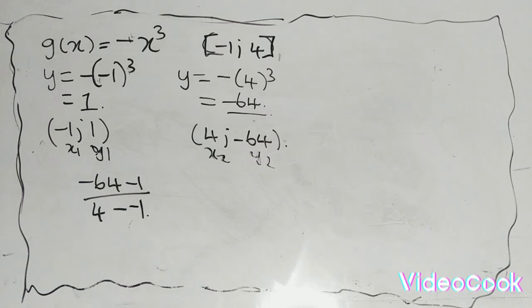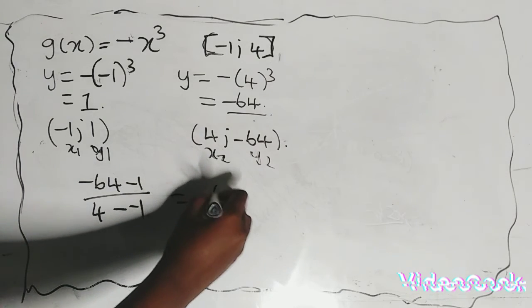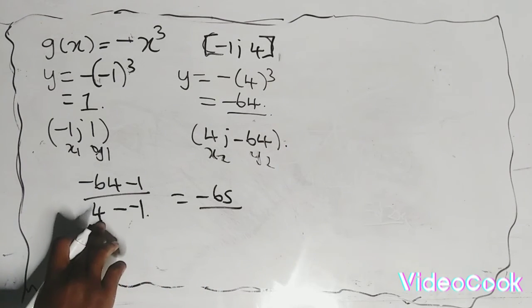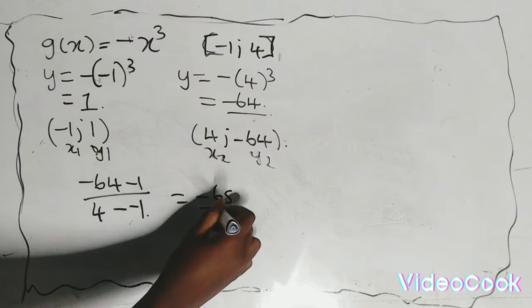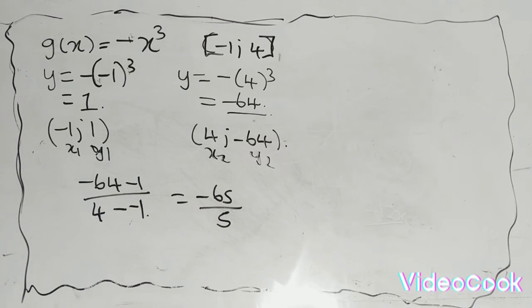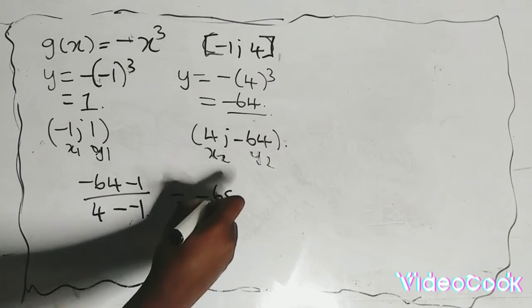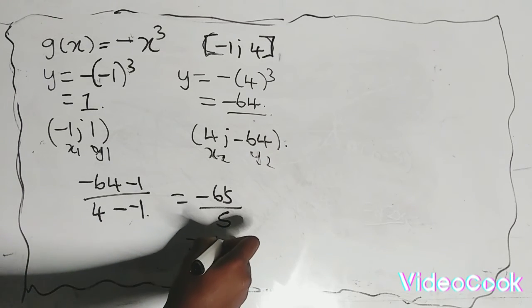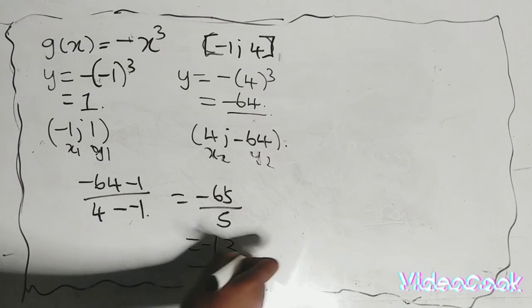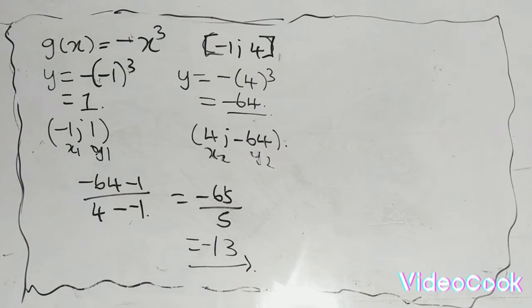Negative 64 minus 1 gives a negative 65, over 4 minus minus 1, that's a positive 5. And 5 can get into 65: 5 into 6 is 1, remainder 1, into 15 it's a 3. So our gradient for this one is a negative 13. I hope you guys were following.